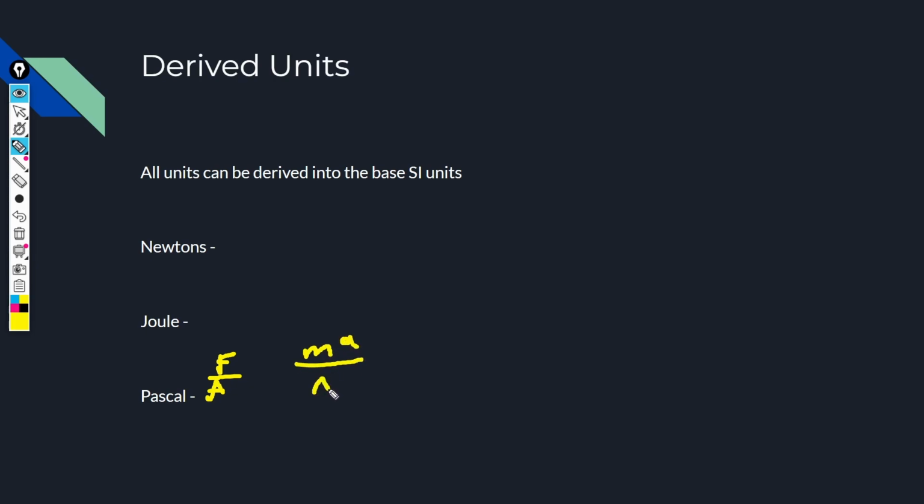So what do we know of m? m is kg, a is meters per second minus 2, and area, the cross surface area, is what? Meters squared. So it would mean negative 2 power, since it's underneath. So we can cancel this out. So it'd be left with kg meter minus 1 and then second minus 2.